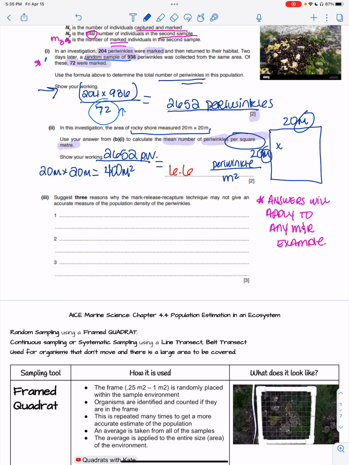And if we are dividing by an even higher number, our result is going to be smaller, just math. So our result will look like the population is smaller than it is. But that's going to be one of the limits. So we could say the mark may encourage recapture. And now it's not random anymore.